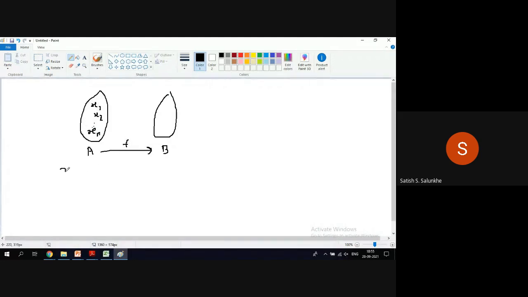You take any two elements arbitrarily, xi, xj, from this domain, such that xi is lesser than xj. Now we just want to observe what is there in the codomain with respect to this. Let us say f of xi is xi dash, and f of xj is xj dash.